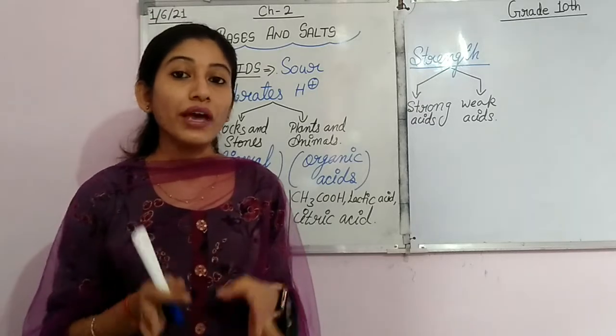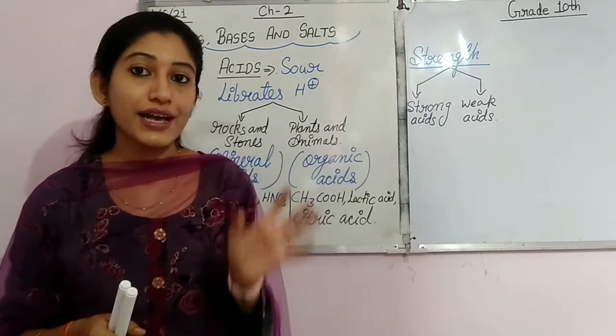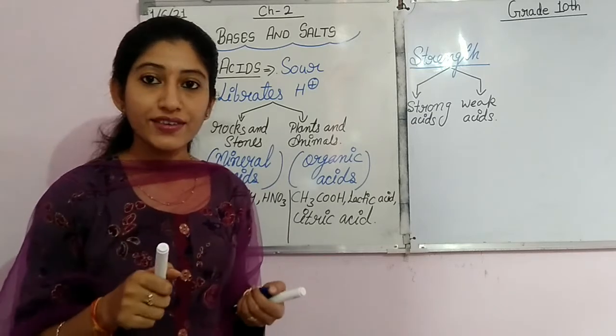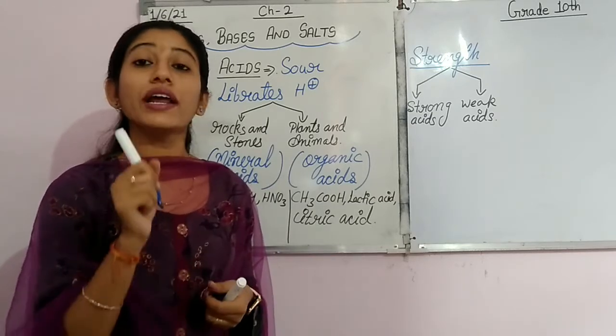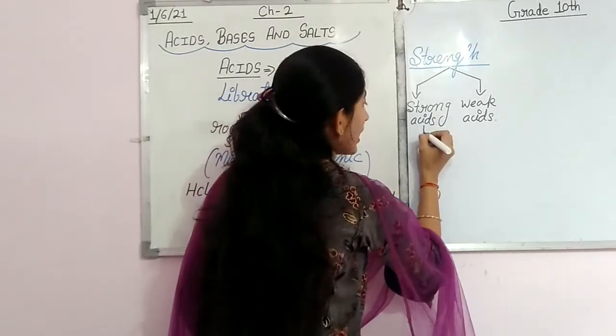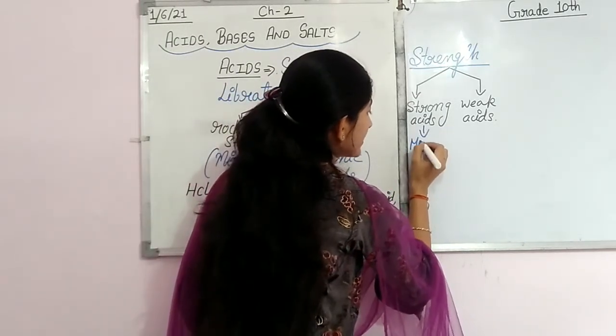So beta, when we talk about the strong acids, then we have only HCl, H2SO4 and HNO3. Means we can say that strong acids are the mineral acids.